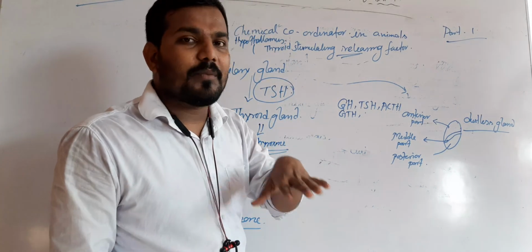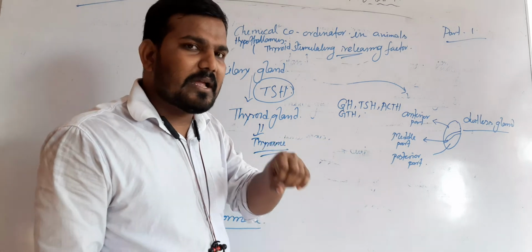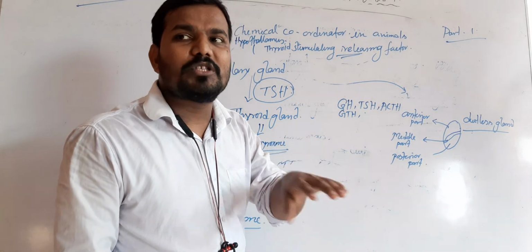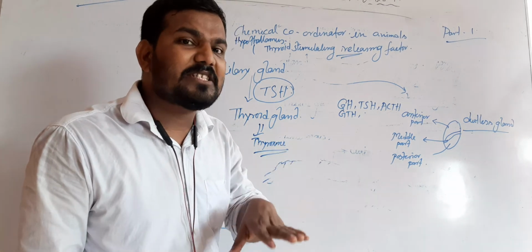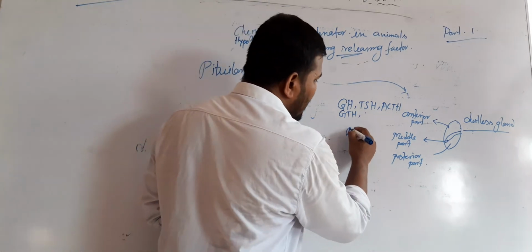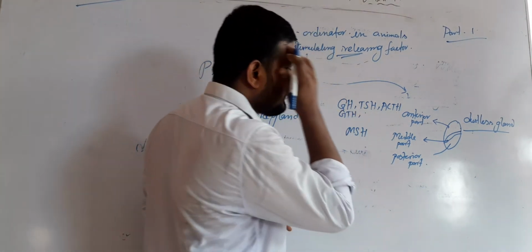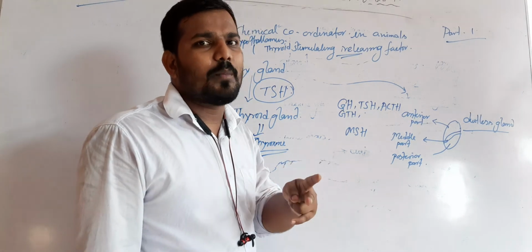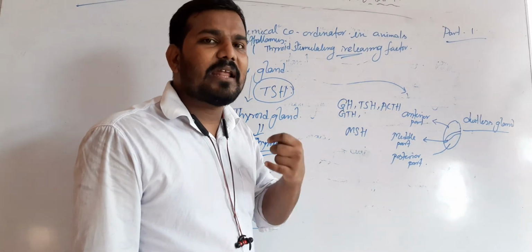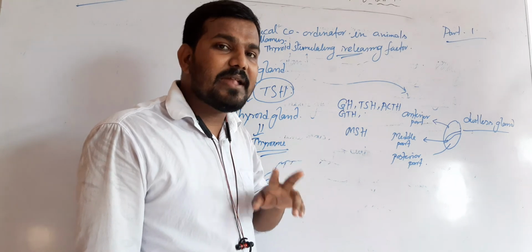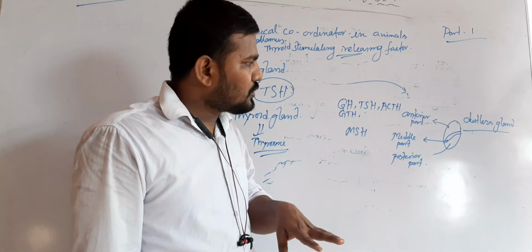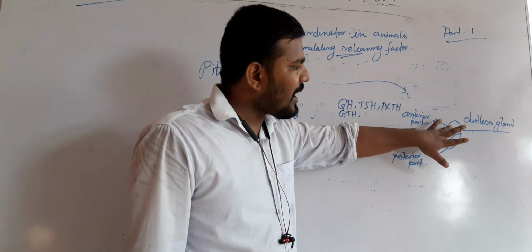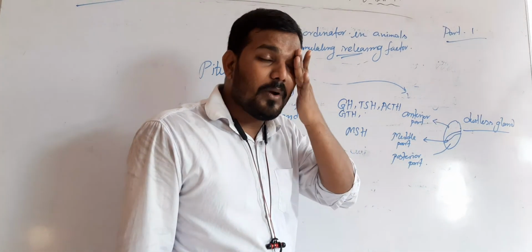From the middle part, some specialized hormone is secreted, commonly known as melanocyte stimulating hormone or MSH. And from the posterior part, the pituitary secretes two hormones: one is oxytocin and the other is ADH or antidiuretic hormone. So from each part, the pituitary can secrete different types of hormones.